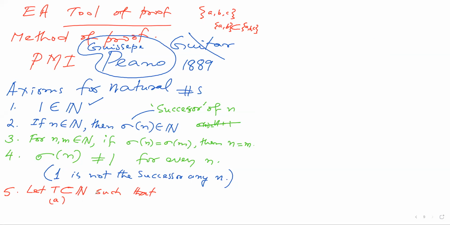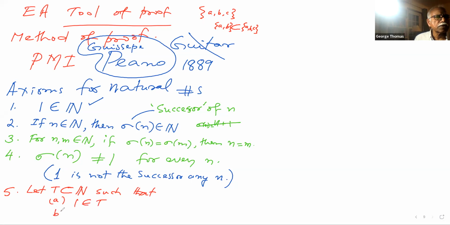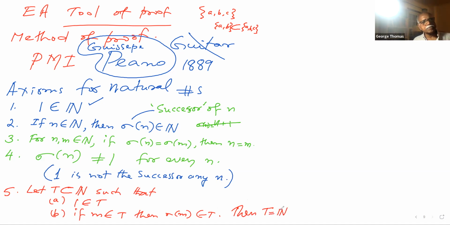1 is contained in T, and whenever M is contained in T, then sigma M is contained in T. Suppose you have a set with this kind of property, then T is the whole of N. Makes sense.